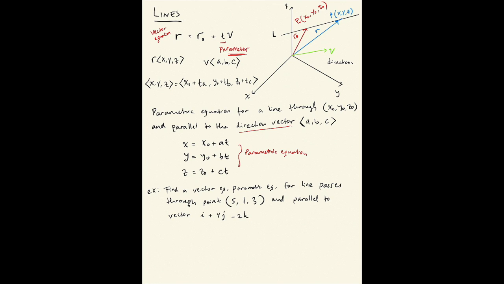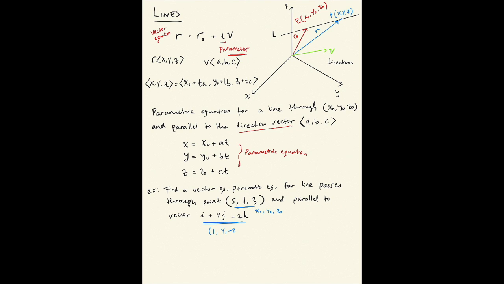So it will not be too difficult, right? You have the point. This is your initial point, right? And this is your direction vector, so 1, 4. This is your v. This is your r0.